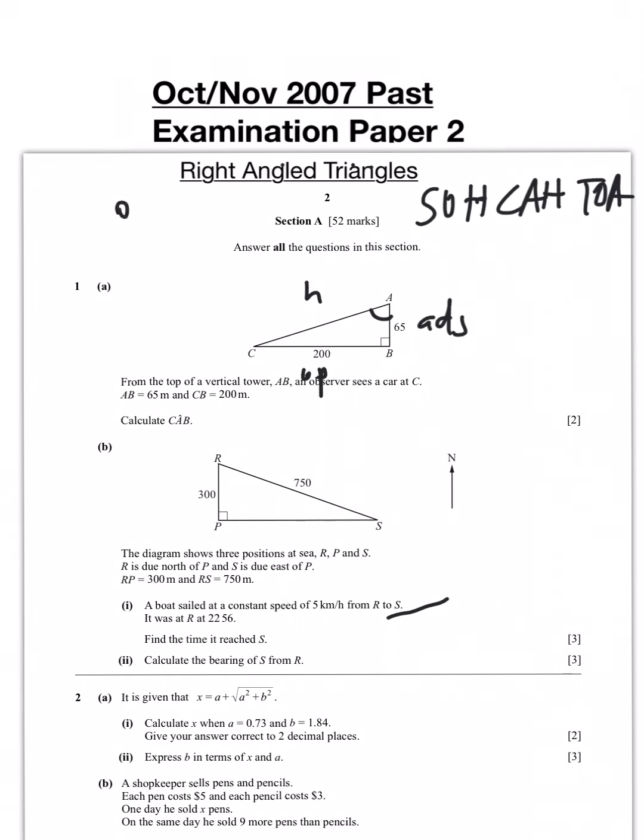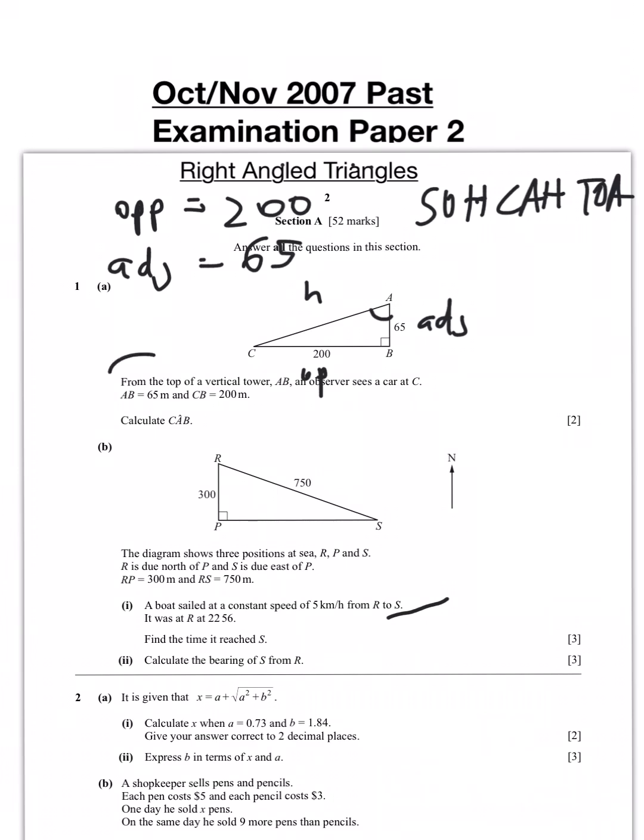So our opposite is equal to 200, and our adjacent is equal to 65. If we have opposite and adjacent, which one are we going to use? We are not going to use sine, we are not going to use cos, but tan, because it is opposite over adjacent.